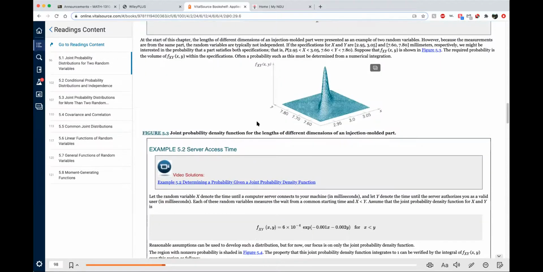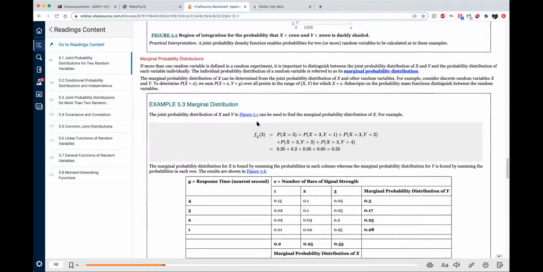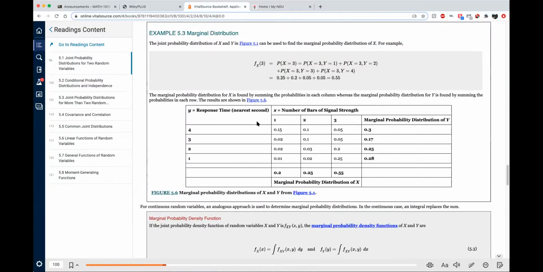So now move back to 5.3. Let's find the marginal PMF, because X and Y are discrete random variables. Let's find the marginal PMF of X equals 3, f_X(3). That means we find the probability that X equals 3.